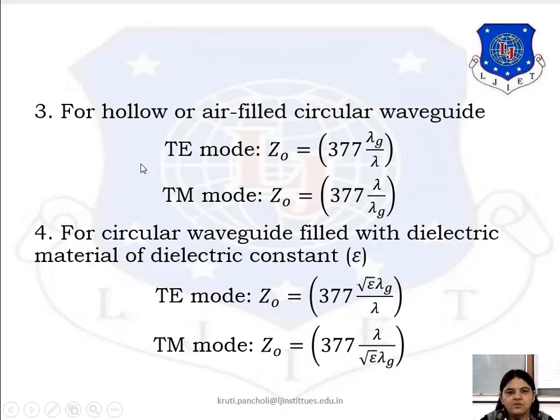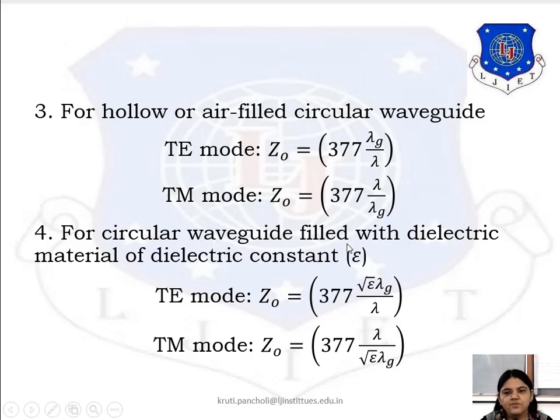For a hollow or air-filled circular waveguide, as we said a is equal to b, so both can be cancelled. So for the TE mode, Z0 is equal to 377 lambda g by lambda. For the TM mode, Z0 is equal to 377 lambda upon lambda g.